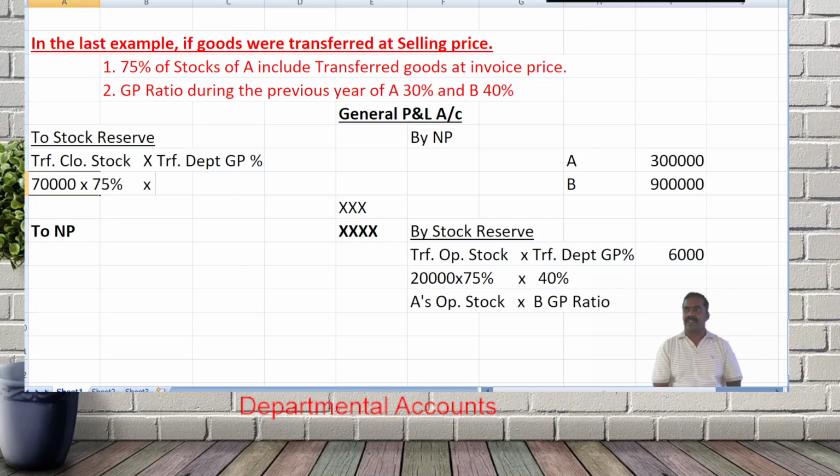Current year or last year? Last year. So we applied 40% for which stock? Opening stock. Why? Because it was transferred in last year. So work out the current year GP ratio. Can you work out the current year GP ratio of department B?